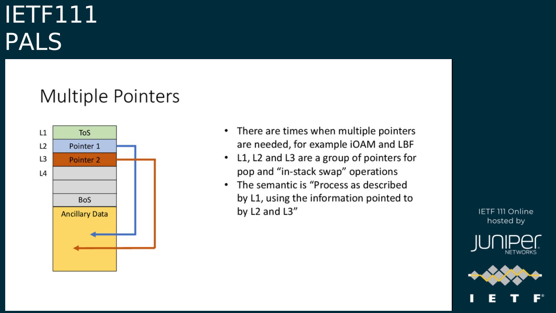Now, clearly we can extend our thinking further and have multiple pointers. So the semantics now becomes: forward according to L1 using the information in pointer 1 and pointer 2. It's an obvious extension to the concept. Next slide, please.